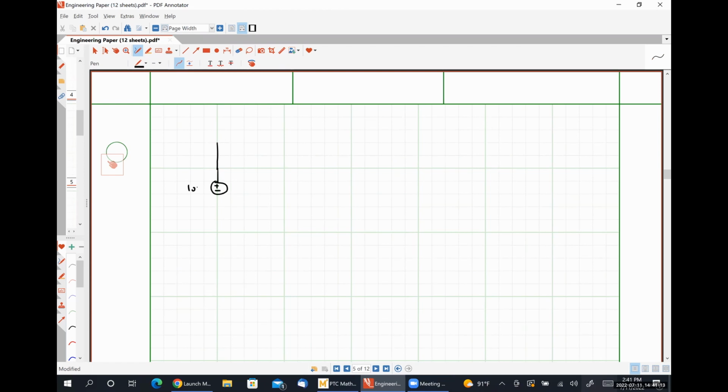Let's say that we have a 10-volt source connected to a 1 kilo ohm resistor, and then another 1 kilo ohm resistor, like so. Over here, we are going to have a 10 nanofarad capacitor.